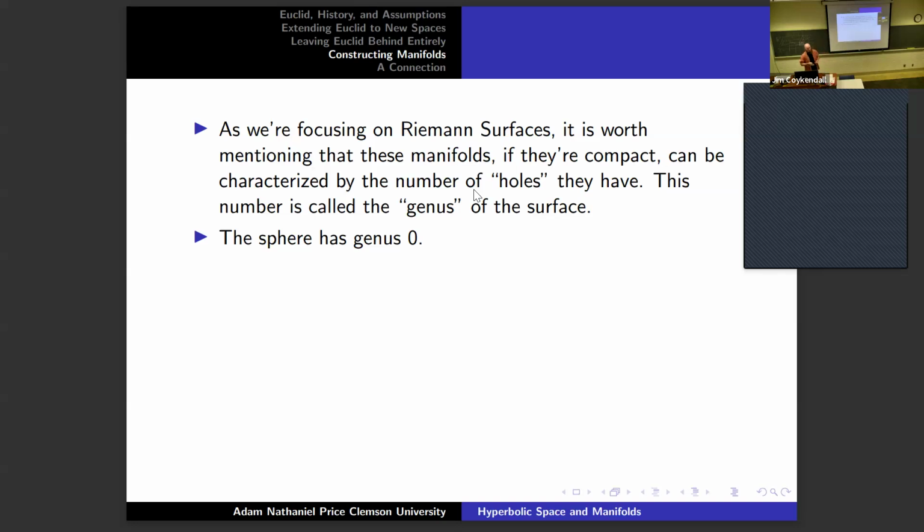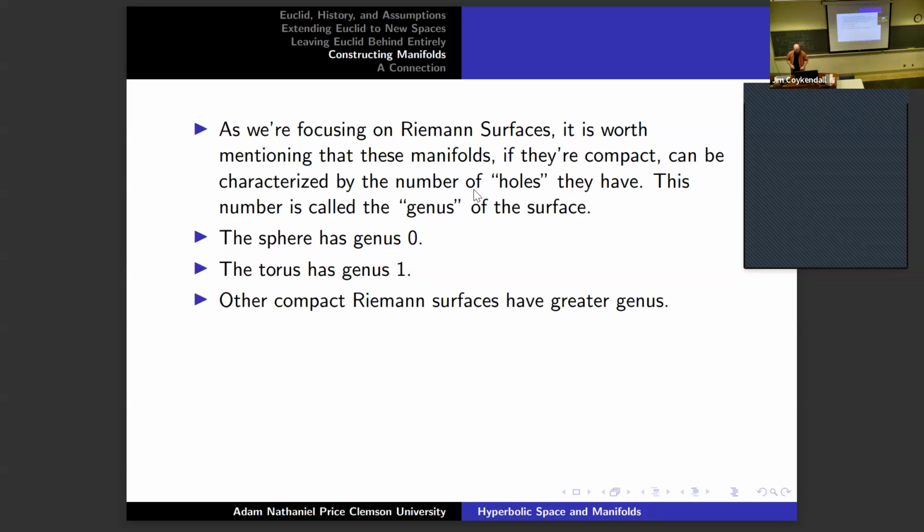It also has genus 0, but it's not compact. A torus has genus 1 because it has that single hole in the middle. Other compact Riemann surfaces have greater genus. So if it's compact and it's a Riemann surface, it's characterized by the number of holes.